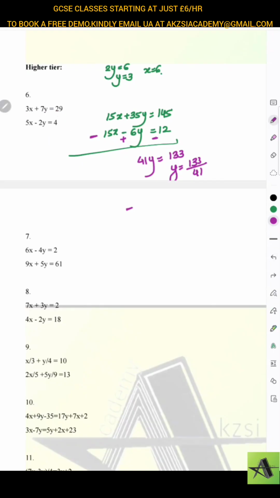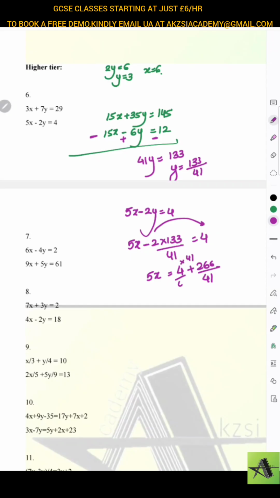This gives 5x minus 2y equals 4. In place of y, let me substitute 133 over 41. This will give me 266 over 41, and I'm shifting it to the right hand side, so 4 plus 266 over 41. Obviously this is a fraction, so I multiply 4 by 41.